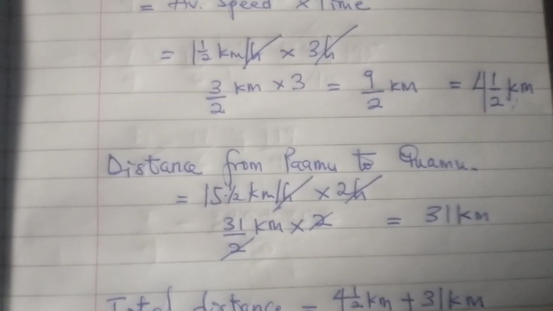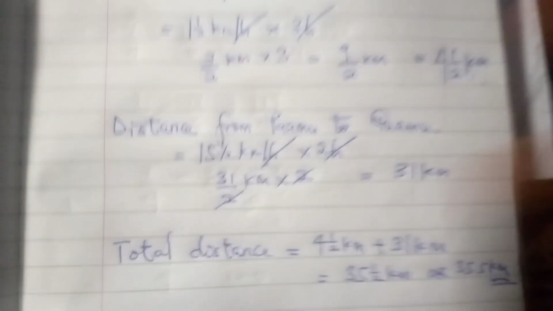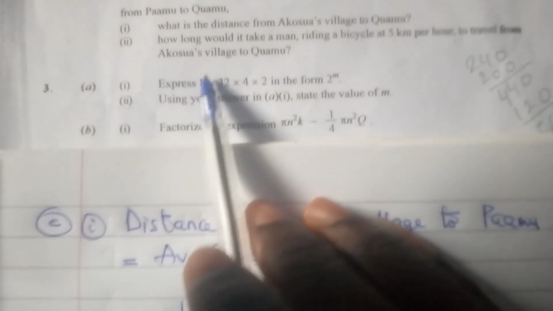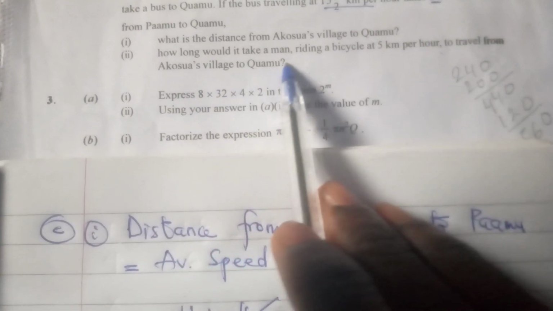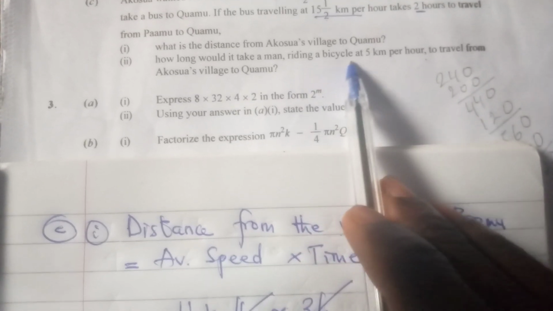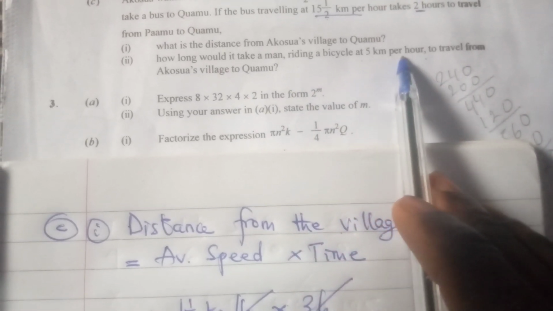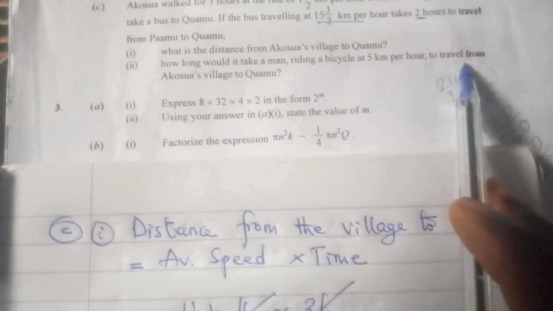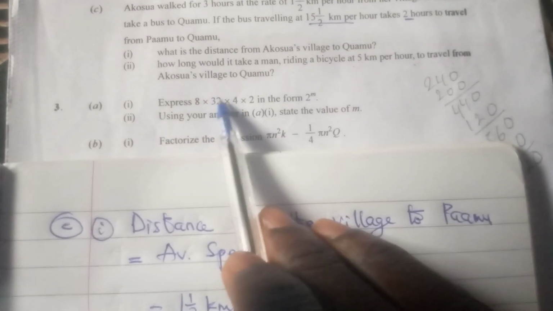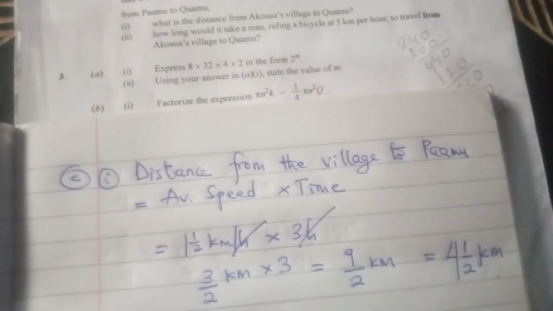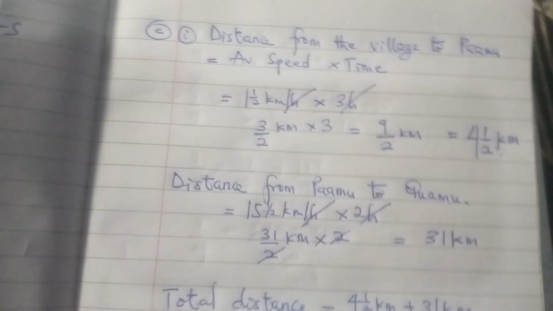Good. Now when you come to part two, it says, how long will it take a man riding a bicycle at 5 kilometers per hour to travel from Akosia's village to Kwamu? So how long? You want the time. So what is time?